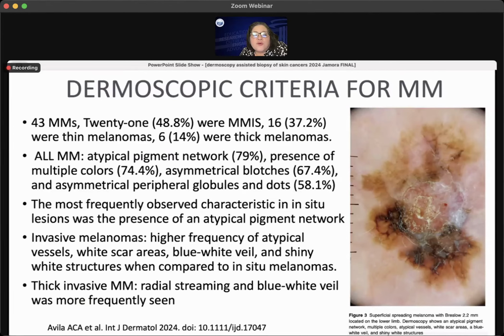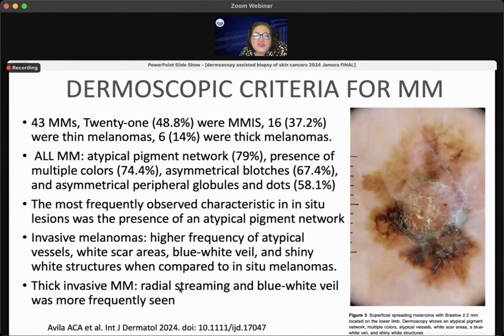Now, for the in situ or the thin melanomas, the atypical pigment network is usually the most correlated one. But for invasive and thicker melanomas, you want to look for these things: atypical vessels, white scar regression areas, blue-white veil, which correlate to masses and masses of these melanoma nests. And of course, shiny white structures, which are usually seen more in nodular melanomas compared to in situ.